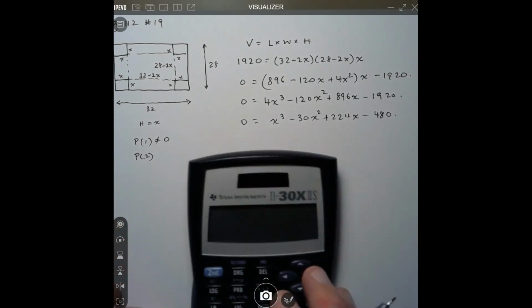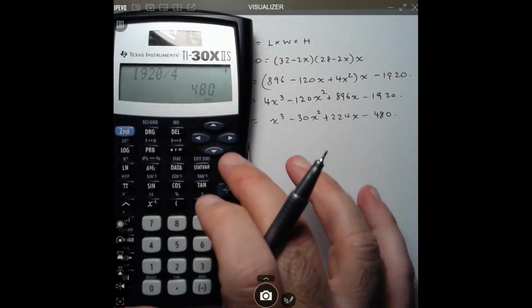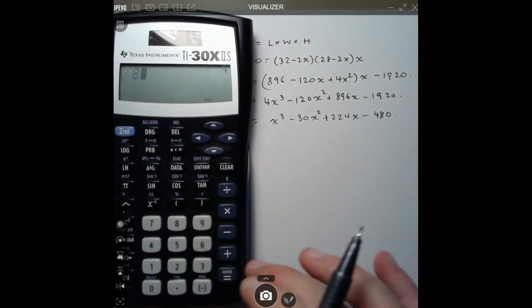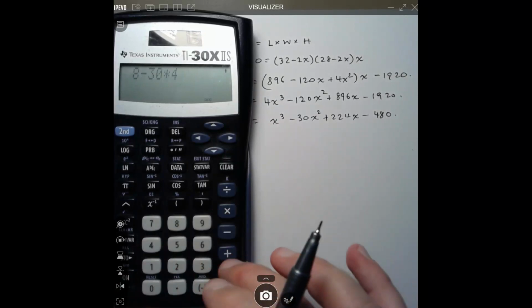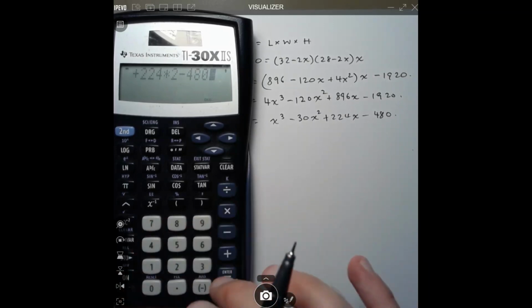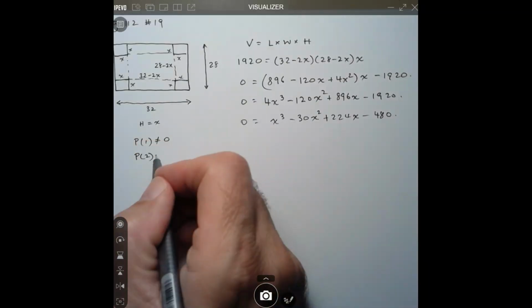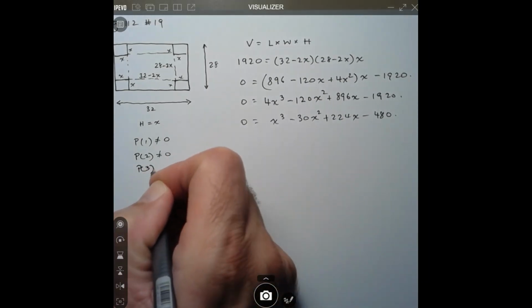So here, now I'll get my calculator out. So what do we got? We got 2 cubed is 8, minus 30 times 2 squared is 4, plus 224 times 2, minus 480, okay, not equal to 0. Okay, so 480 is divisible by 3, so let me try 3.